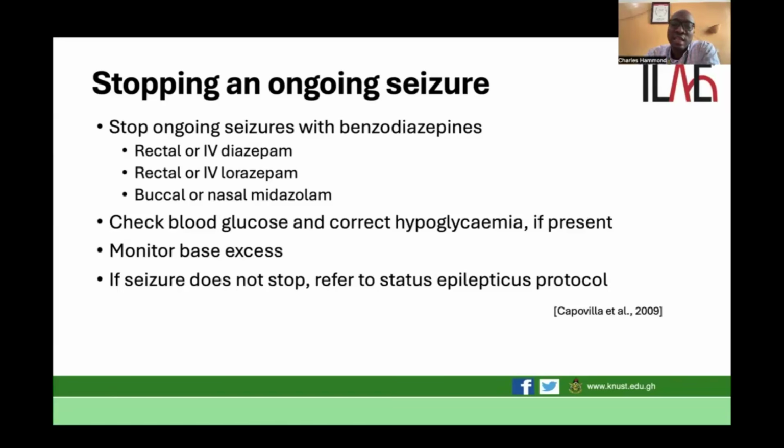And then if the seizure does not stop, you have to refer to the status epilepticus protocol, which would typically involve a second line drug like phenobarbital or levetiracetam or sodium valproate. In some instances, phenytoin or even paraldehyde may be used, and then a third line using anesthetic agents.